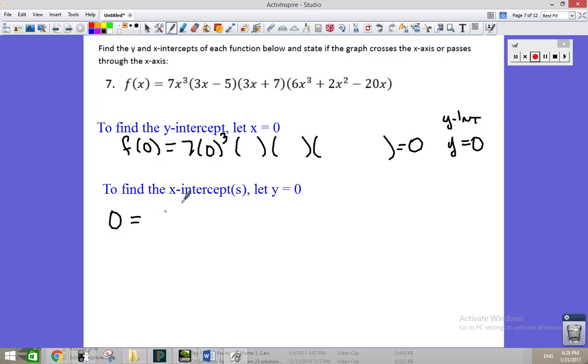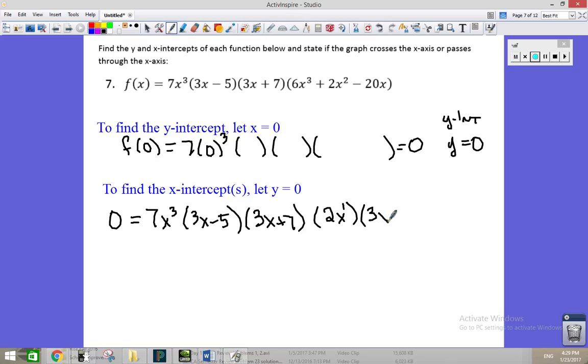Most of it is factored completely for us. The 7x cubed, the 3x minus 5, the 3x plus 7. When we look at these last three terms, all of these coefficients are even numbers, so I know I'm going to be able to factor out an even number, and they all have at least one factor of x. So if I factor a 2x, well, 2 times 3 gets me 6, and x times x squared gets me x to the third.